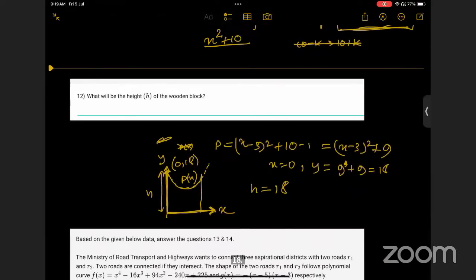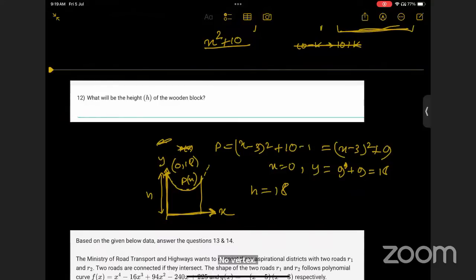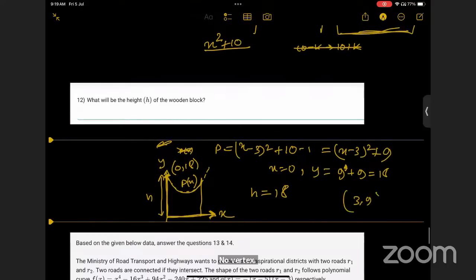No, the vertex will be 3, 9. I calculated the x value, minus b upon 2a, which comes out to be 6, and against 6 I am getting y as 18. No, b upon 2a is 3. Then maybe I've made some calculation mistake. Ma'am, I'm still not able to understand why you took SSC to be 0 only.